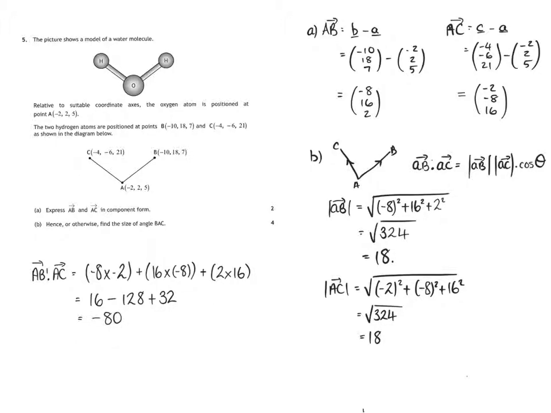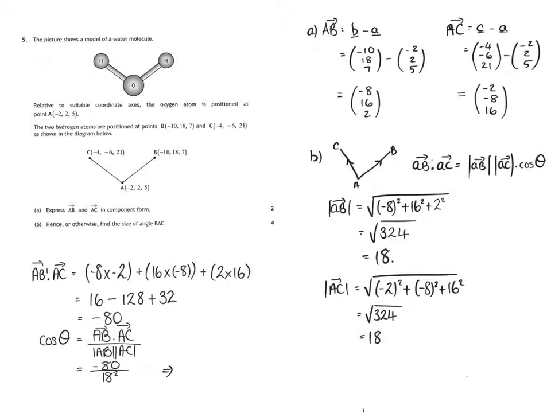Okay, so after rearranging, that means we're going to have cos theta equals the scalar product of AB AC, divided by the magnitude of AB times the magnitude of AC. So that gives us minus 80 over 18 squared, because it's 18 times 18.